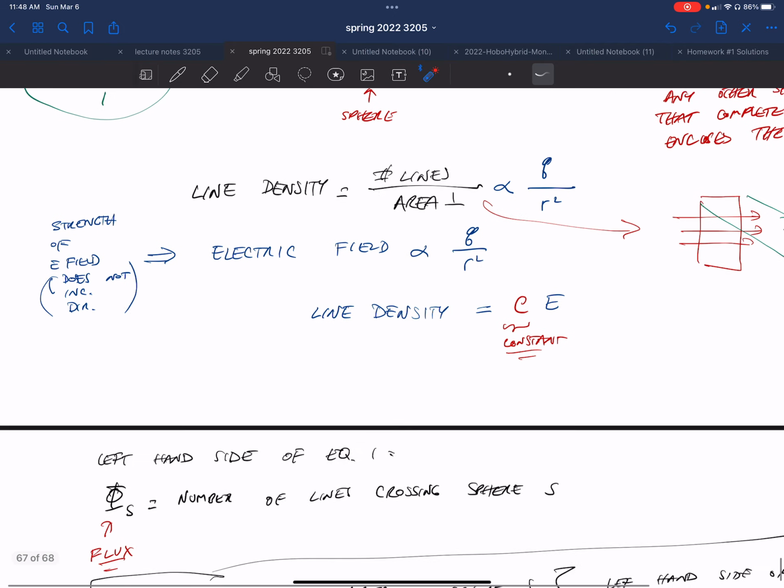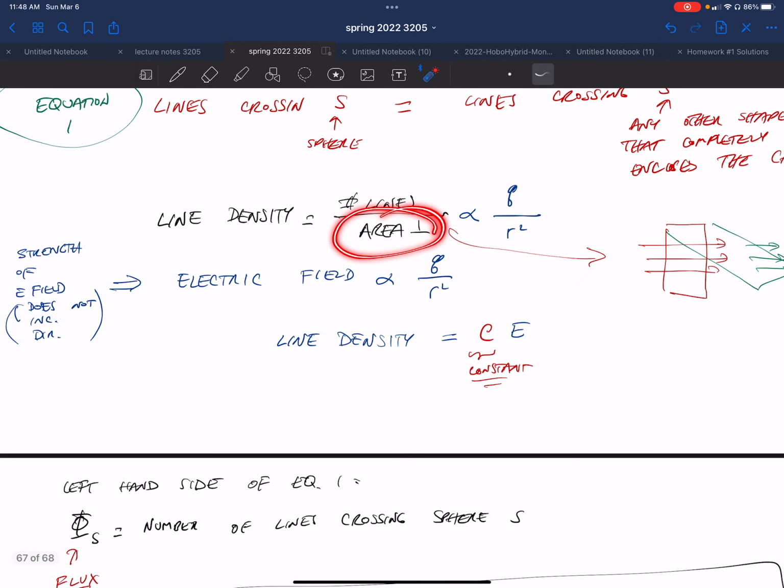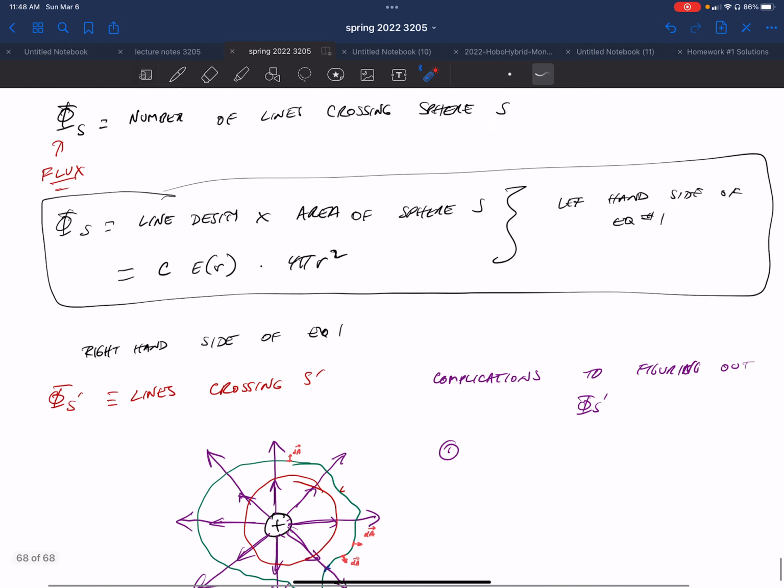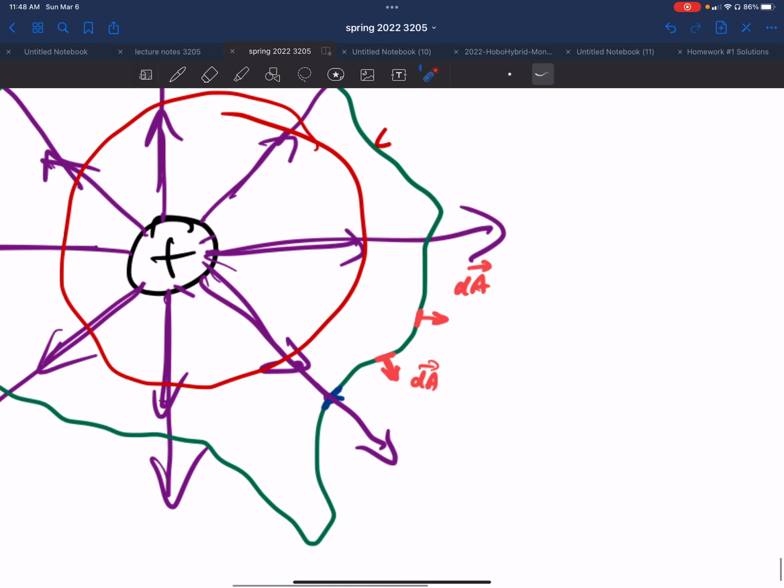We didn't have to worry about it being some dot product. But here, it is going to have to be a dot product, because imagine this one. The area here would be pointing this way. So I would have to figure out the dot product between this electric field and this area, for each point.